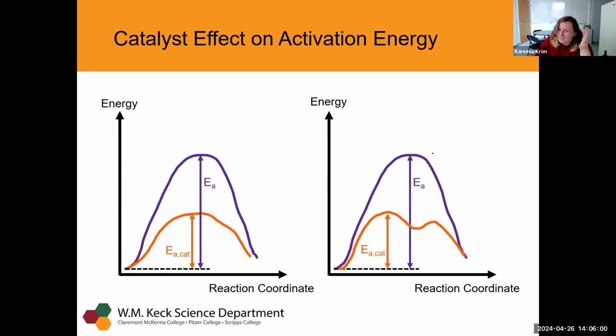Maybe it's still unimolecular, but it happens at a different energy and produces an intermediate, which is this position on this plot. So this is our intermediate, which we talked about in the last video. It's its own stable thing that can form, and maybe it forms a different product. And so catalysts speed up reactions by lowering activation energy, either by affecting the way that the reaction is happening or by making it more likely that a particular mechanism will happen. But this is what the catalyst is doing.